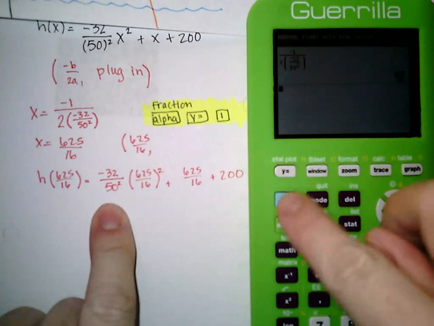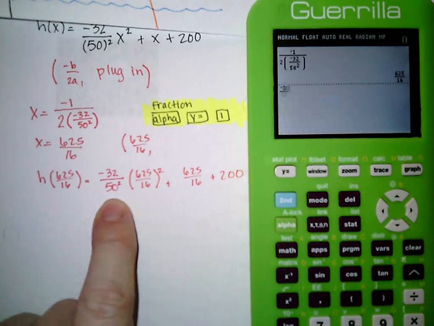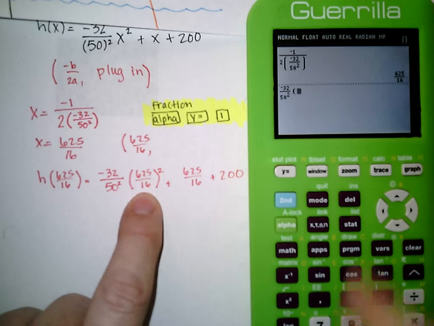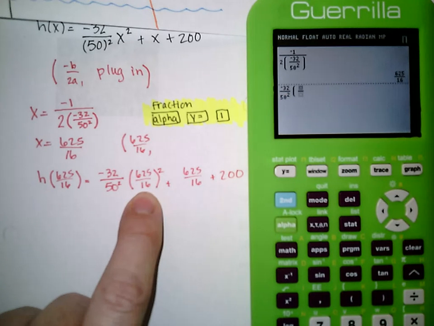So we'll start by doing a fraction. So alpha y equals, we need -32 in the numerator, 50 squared in the denominator, and then we need to multiply that by another fraction, alpha y equals 625 in the numerator, 16 in the denominator, and that fraction is squared.